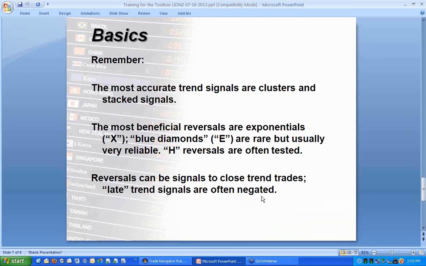Late trend signals are often negated. I don't know if you noticed this, but when the market was reaching a top in some of those illustrations, there were some trend buy signals, but all of a sudden you get a lot of blue boxes behind it. That means that the trend signals are late. They're being negated. There's something wrong with them.